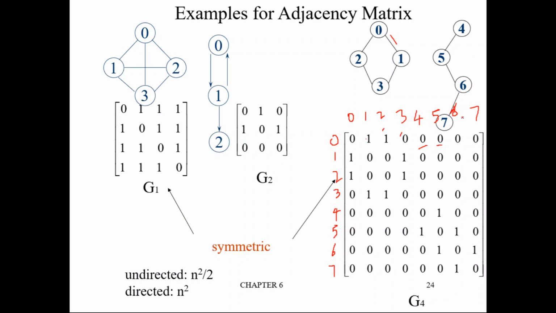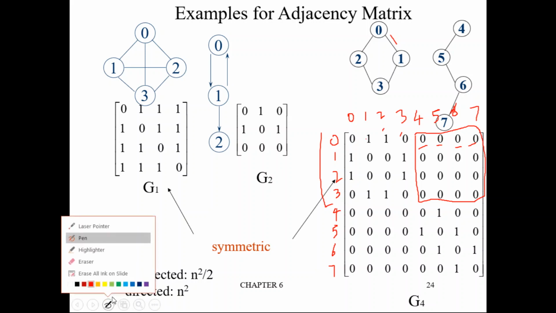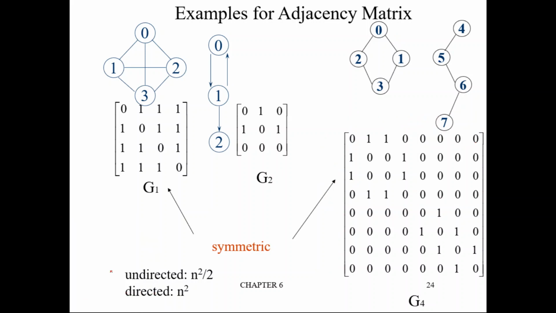Okay. 0 to 6, 0. 0 to 7, 0. Okay. So this subgraph contains 0, 1, 2 and 3. So up to this 0, 1, 2, 3, you can see this entire part is 0 because 4, 5, 6 is in the other subgraph, right? Okay. So like this, every row and every column can be filled up, right? Okay. Fine.